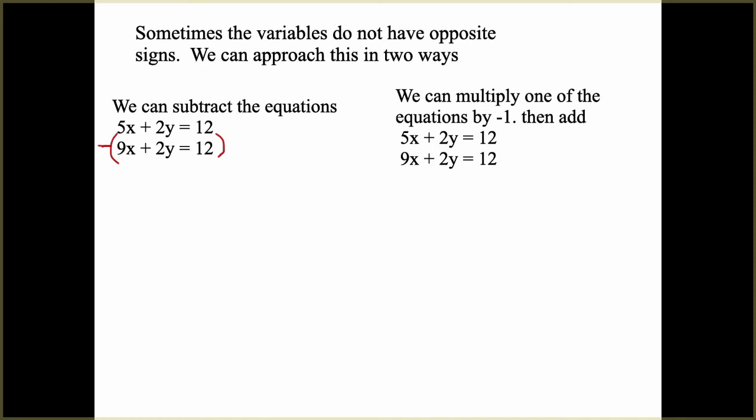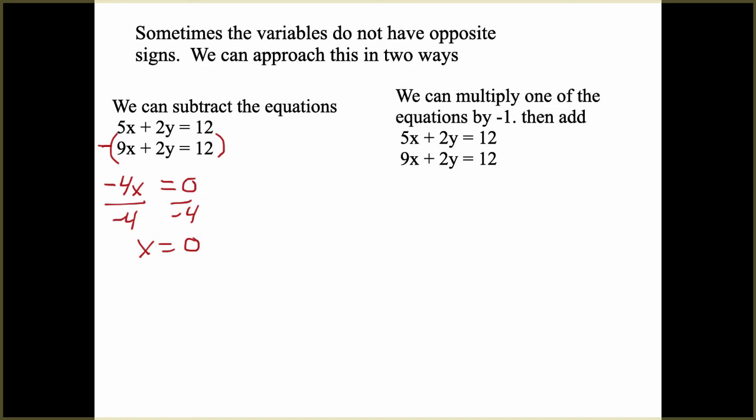So 5x minus 9x is negative 4x. 2y minus 2y goes to 0. 12 minus 12 goes to 0. We get negative 4x equals 0. We divide by negative 4, and we get x is 0.